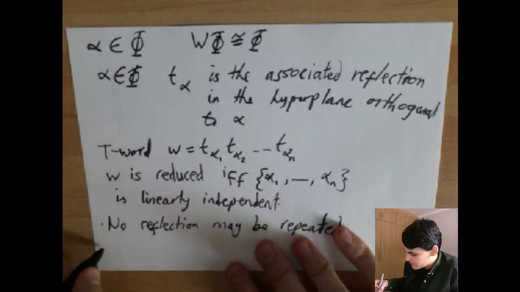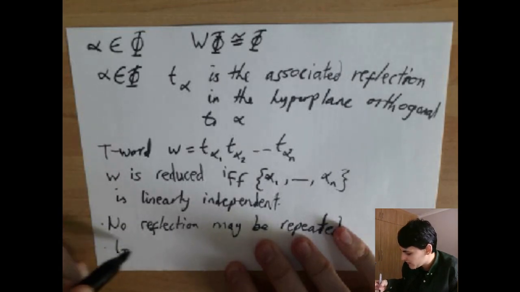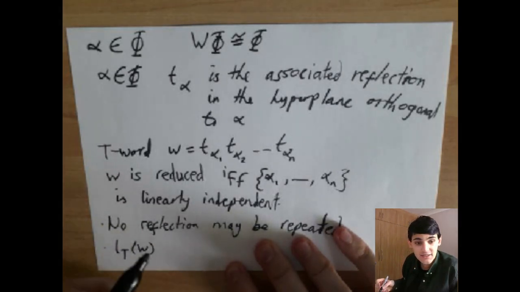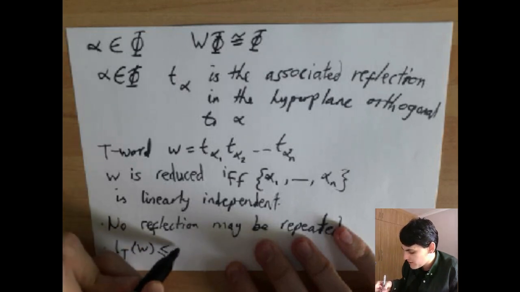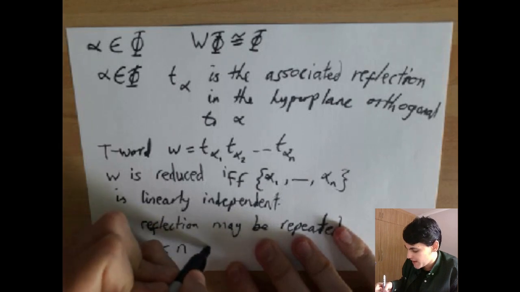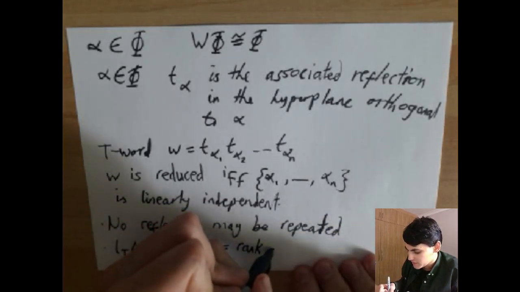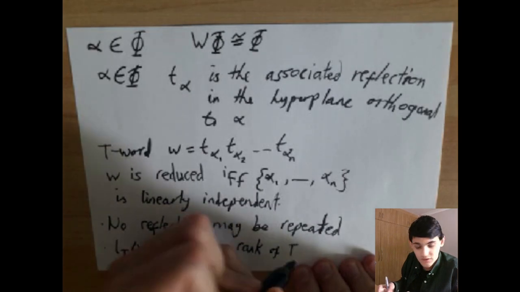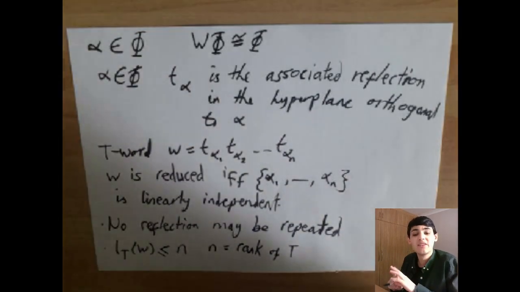We also get that where we don't have a maximal element, we do have a maximal length. So the length of W with respect to T is always less than or equal to n, where n is the rank of T. In other words, it's the number of generators.